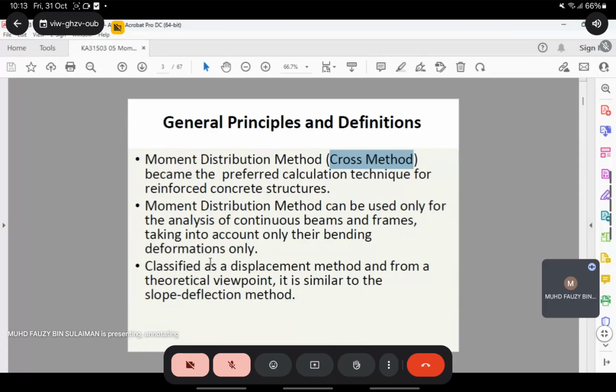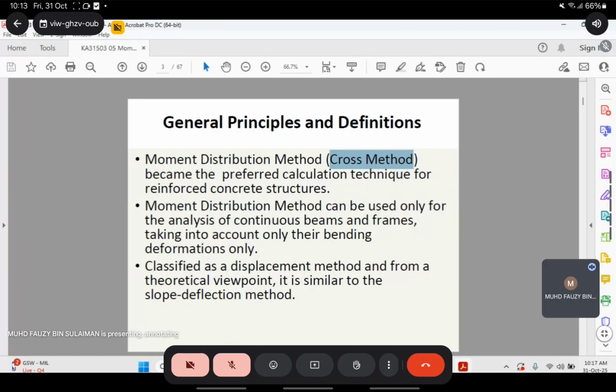Why displacement method? We have to consider the slope and theta, which means you have to consider parameters we will cover soon, such as elasticity and I. What is I? BH to the power of 3 over 12.